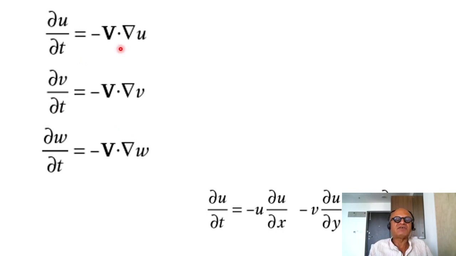Du dt is minus v dot grad u, dv dt is minus v dot grad v, dw dt is minus v dot grad w, where v is of course the vector (u, v), and each momentum term is going to be, for example, u du dx minus v du dy minus w du dz.